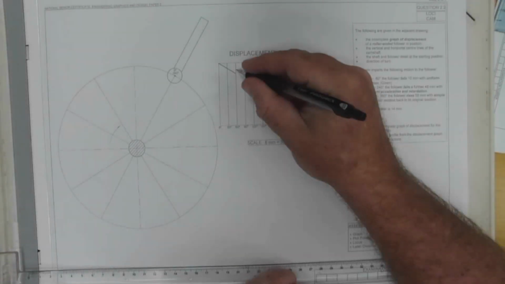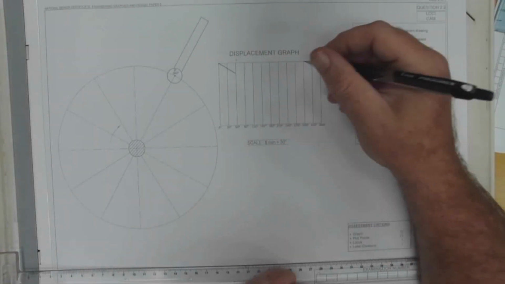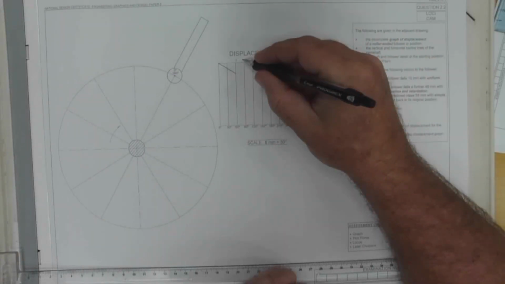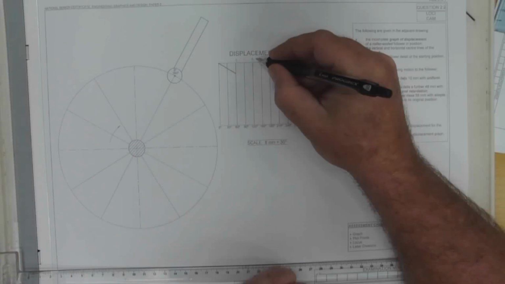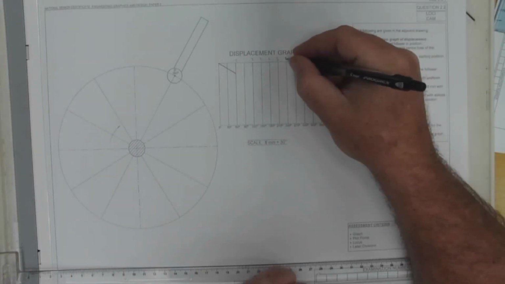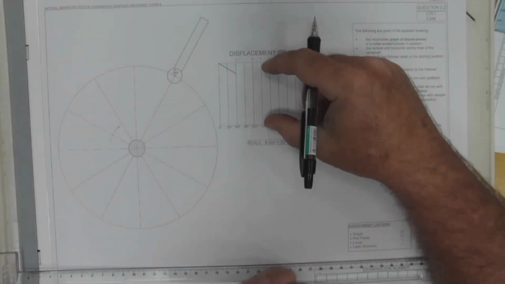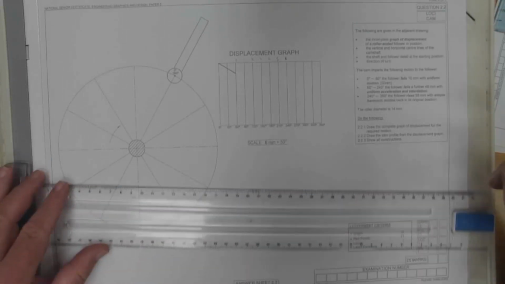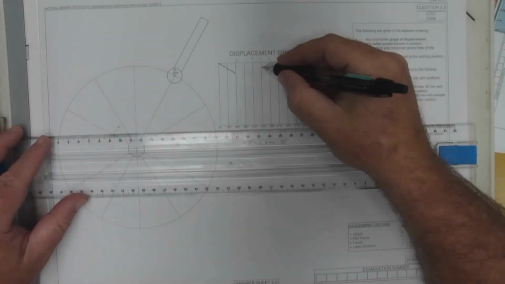Remember, if we've labeled these, it's going to 240, which is over here. So 0, 1, 2, 3, 4, 5, and that would give us 6 divisions. That's great, and that means we can have 6 vertical divisions. So what we want to do is find our middle line, which is 3.